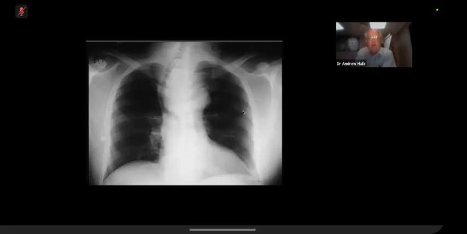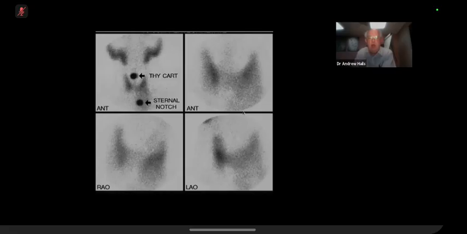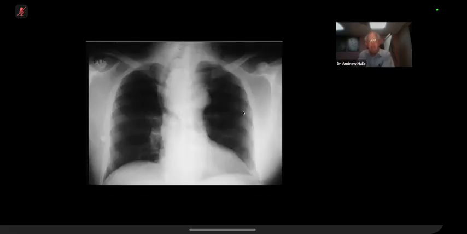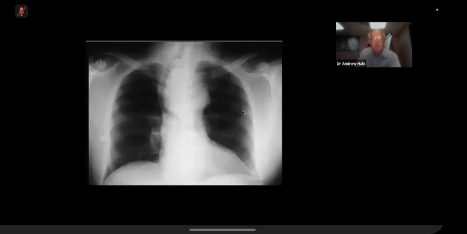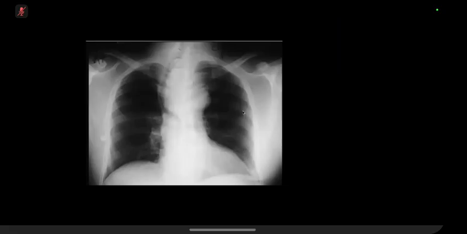Now, right, obviously chest x-ray, and I would like to ask some opinions on this. We've got a chest x-ray and we've got this radioisotope thyroid scan here. So would you like to say what the problem was here? So on the chest x-ray, there's an abnormality in the sort of superior mediastinal region where there's widening of the mediastinum with a large sort of soft tissue mass displacing the trachea quite significantly towards the right.